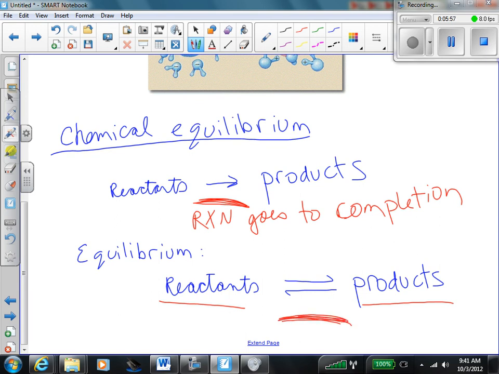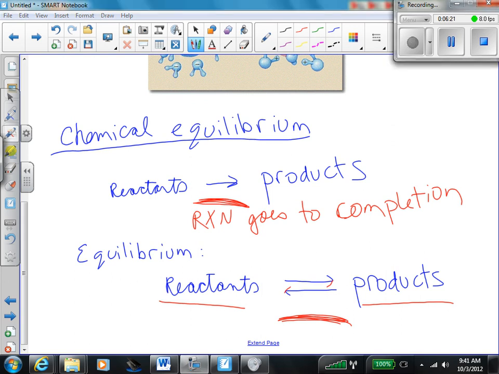One arrow pointing forward and one arrow pointing in the reverse. Some books will show you just the top half of an arrow and the bottom half, and some books will actually show you completed arrows. Those mean the same thing, whether you have a half arrow or a whole arrow. But the key to an equilibrium reaction is that you have arrows pointing in both directions.